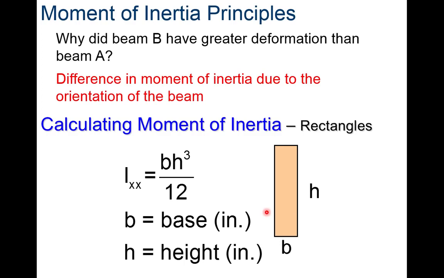So those beams I just showed you, imagine if you're looking at a cross section of that beam. Something to make note of in your notes: it might be a good idea to put parentheses around the h cubed, or you'll get in trouble when you're doing your math. It's just the h that is cubed, not the b. So bh cubed over 12, and 12 is a constant.